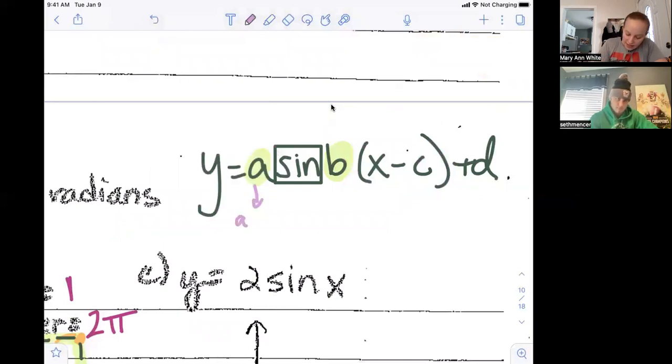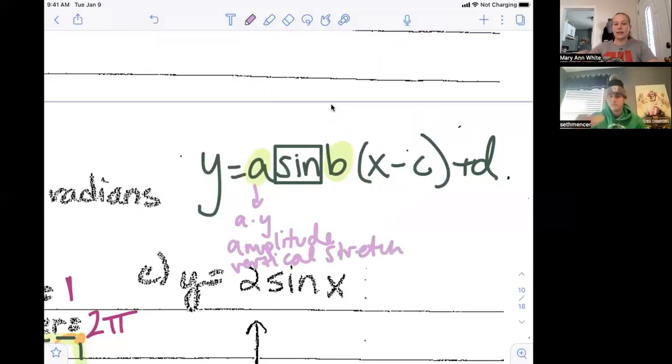You can think of that as a times y, and that affects your amplitude. It's a vertical stretch of your graph. So think about, instead of my amplitude being 1, now my amplitude is going to be 2. So it's going to be longer and taller. And then also if A is negative, it's a flip. It flips my graph up and down.